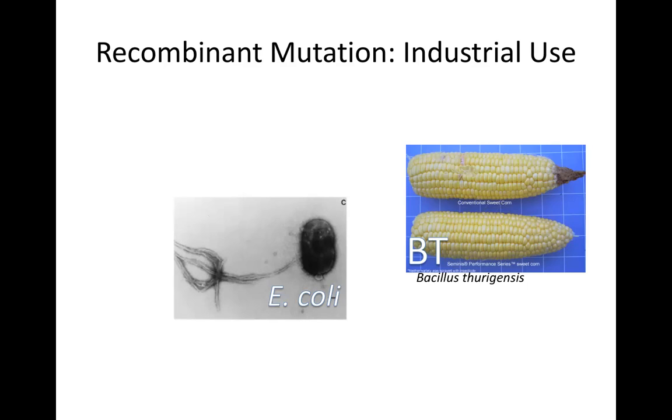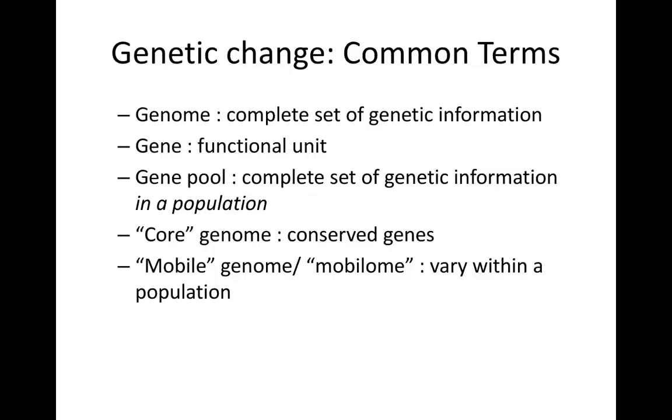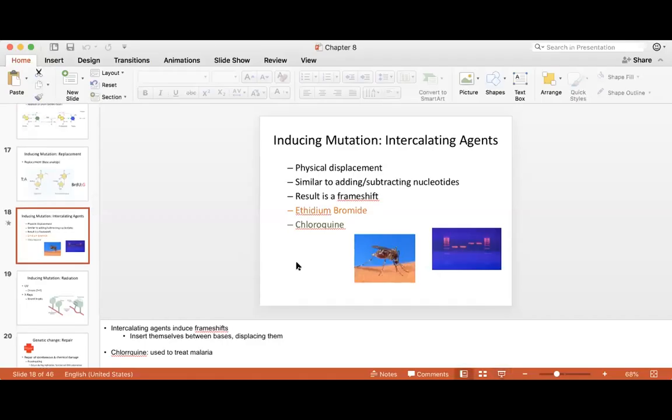So we're basically making the E. coli produce insulin for us, and we can then isolate it from that culture. Again, you guys can look over these terms. You probably have heard these before, but genome is a complete set of genetic information. Like a microbiome is all of the genetic information from the microbes in you. Gene, we've talked about as a functional unit. These are just some things that you may see in the future. And that's it, okay?